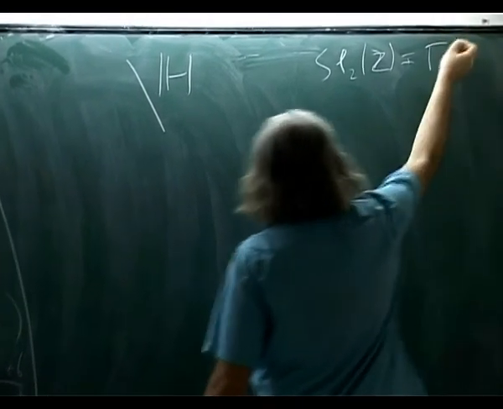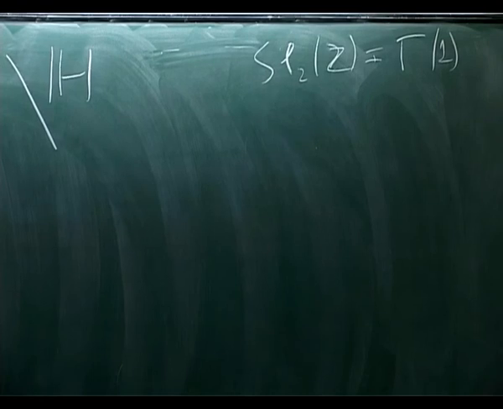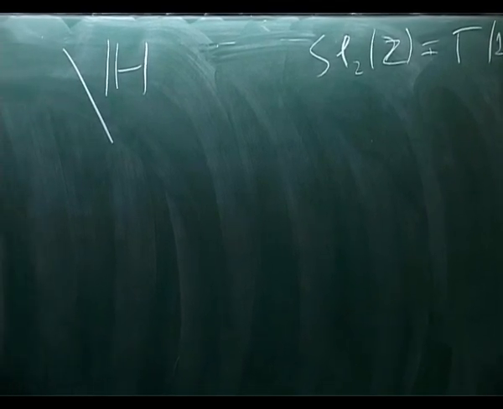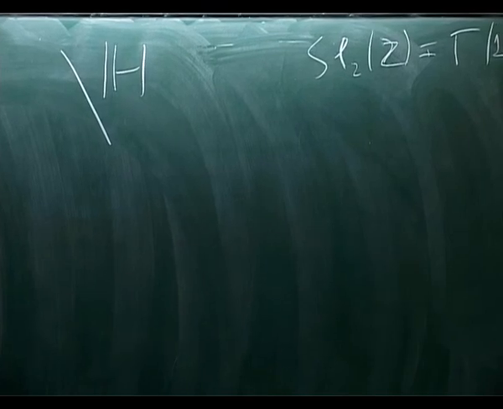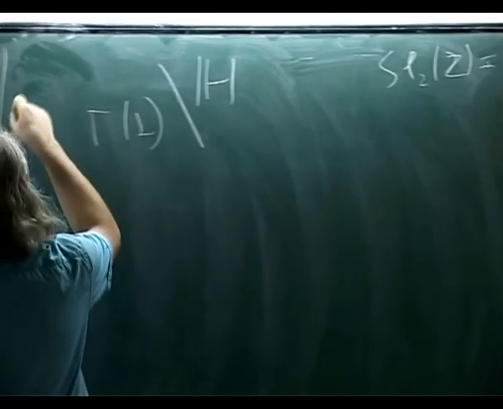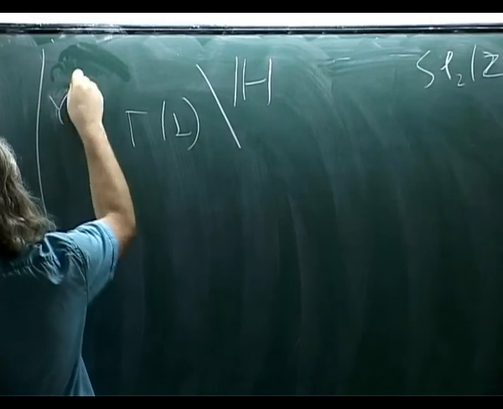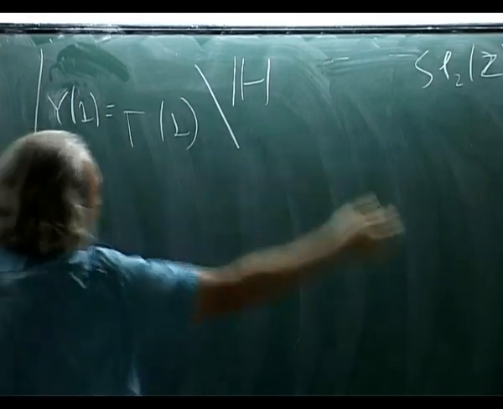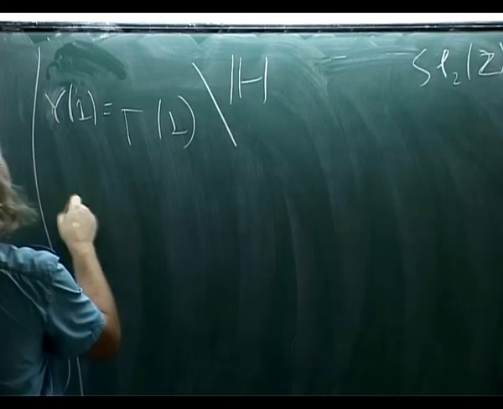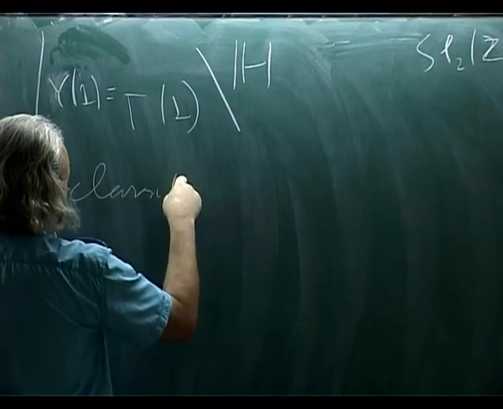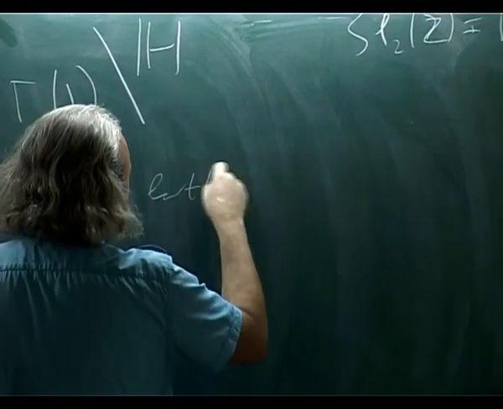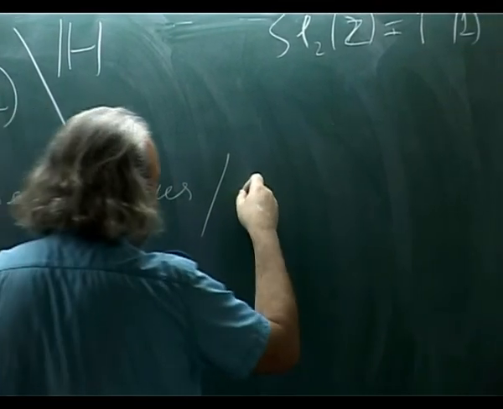And this gamma has nothing to do with the multiplicative group gamma that I used in the previous hour. The quotient is denoted by Y of 1, and it classifies lattices up to isomorphism.